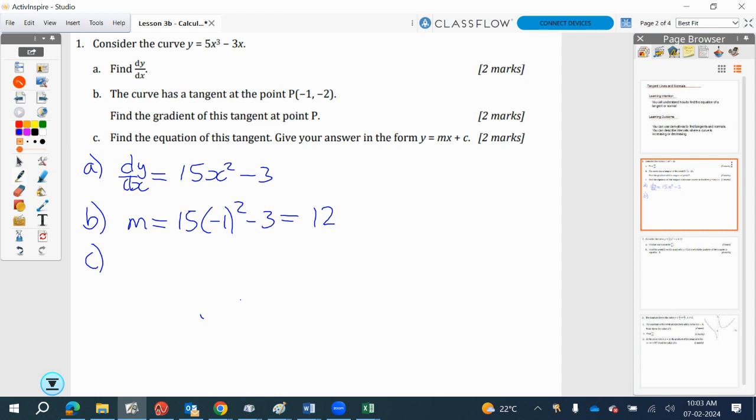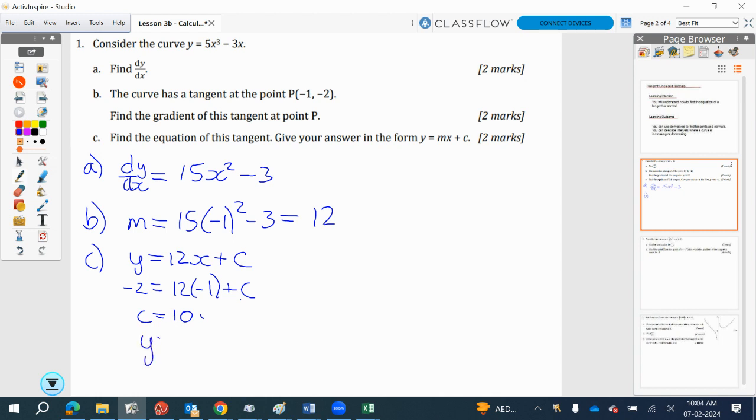I did y equals 12x plus c. Then I put in x and y from the point P, so -2 equals 12 times -1 plus c. Then I solved and got c equals 10. What's your final answer? y equals 12x plus 10.